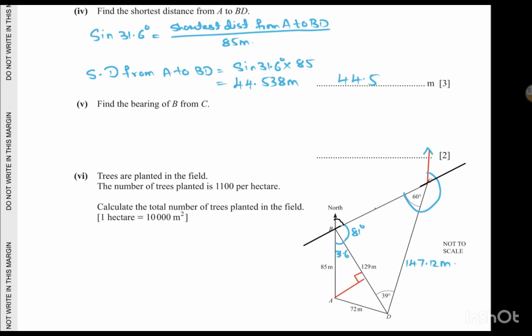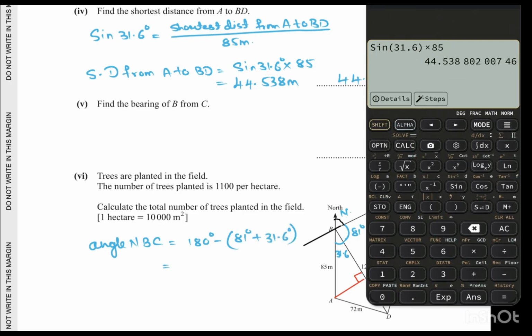So let me take this letter here as N. So angle NBC is equal to 180 minus 81 plus 31.6. So let us find out that angle first.